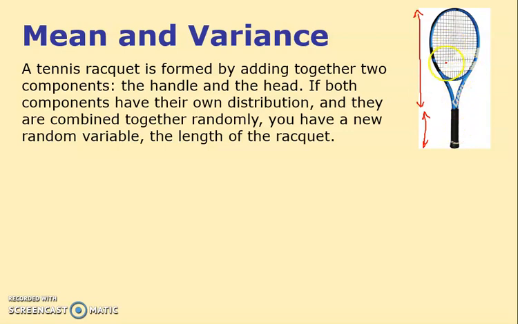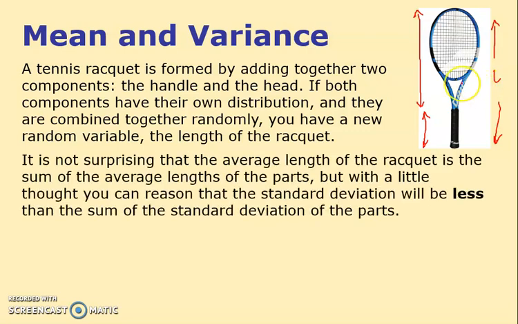But if we assume that both parts are independent of each other, with all its limitations, you have a new random variable, which is the overall length of the racket, all the way up, all the way down. It's made up of two parts, and it's not surprising that the average length of the racket is the average length of the handle plus the average length of the head.